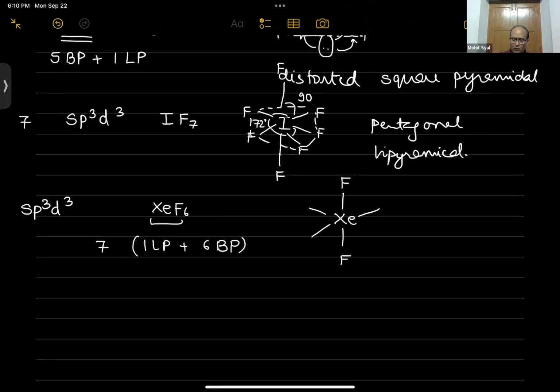The F atoms occupy an octahedral arrangement and the lone pair emerges from between. So this is known as distorted octahedral. This lone pair emerges from the middle.